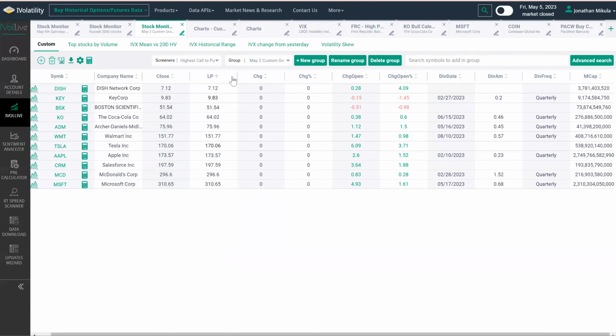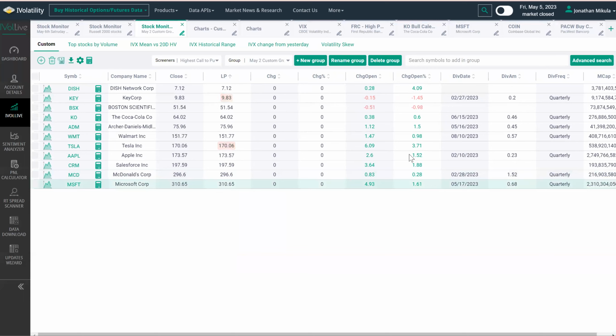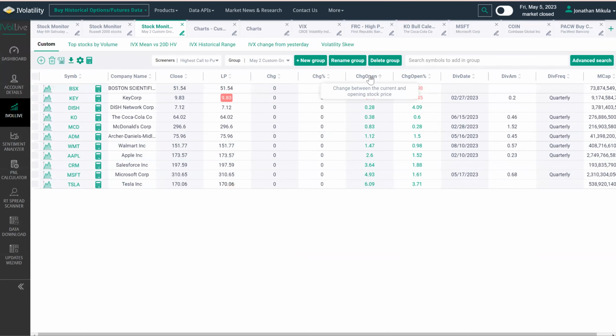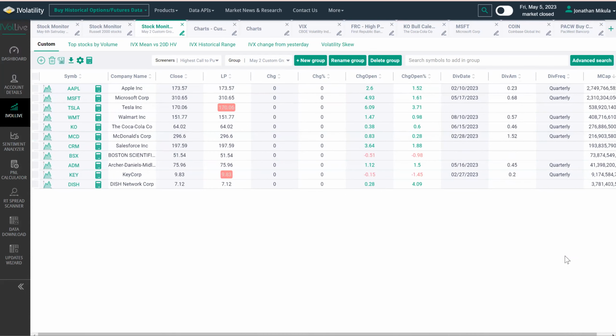And that's why these particular columns are different than what we've set up over here on our new custom group. But what's neat about this now is I can filter by, okay, well, who's had the largest change since open on Friday? That was Tesla from within this group. Who's got the highest or the lowest market cap?